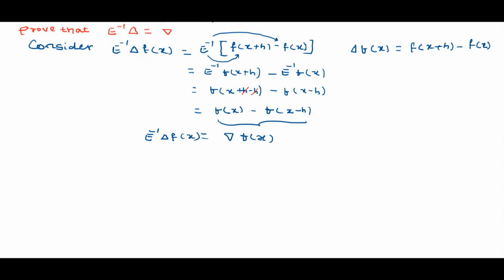On both sides f of x gets cancelled. So the required answer is e raised to minus 1 delta is equal to del, which is the required solution.